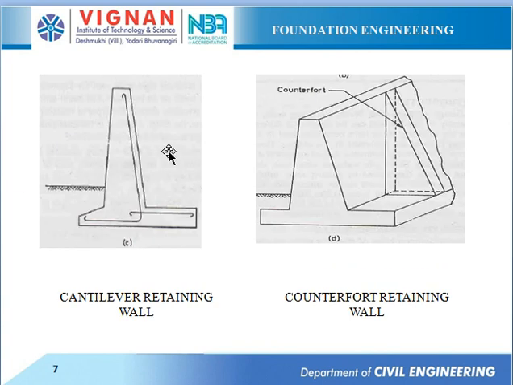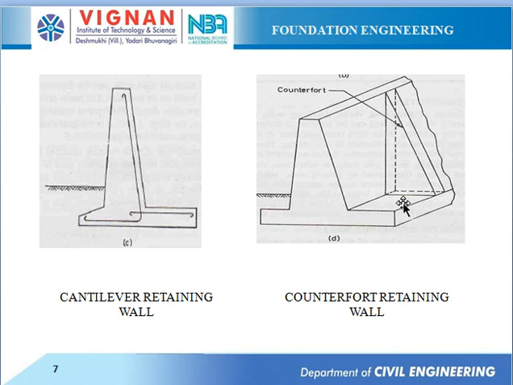The other type we have here is the cantilever retaining wall. Cantilever retaining walls are made of reinforced cement concrete. The wall consists of a thin stem and a base slab cast monolithically. This type of wall is found to be economical for a height up to 6 to 8 meters.